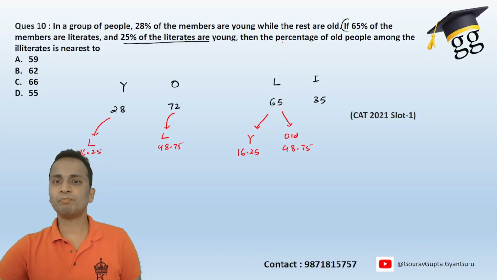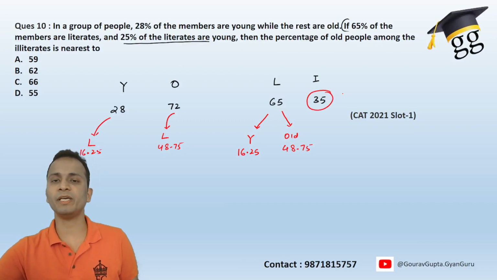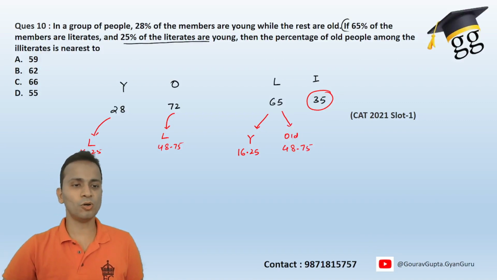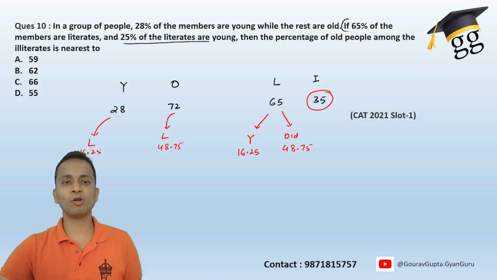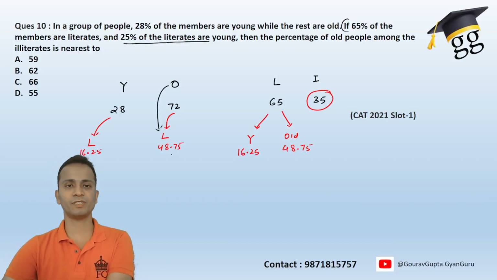Then the percentage of old people among illiterates. So ये जो illiterates हैं, इसमें percentage of old people कितने हैं? Right? So I have calculated one thing, that number of old literates is 48.75, right?